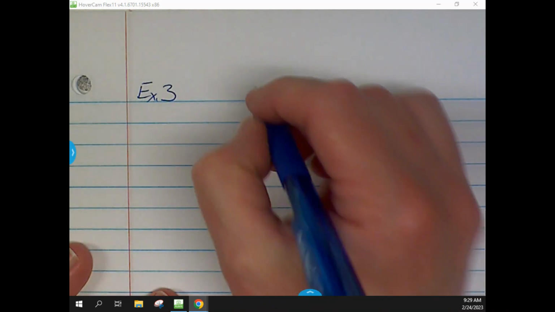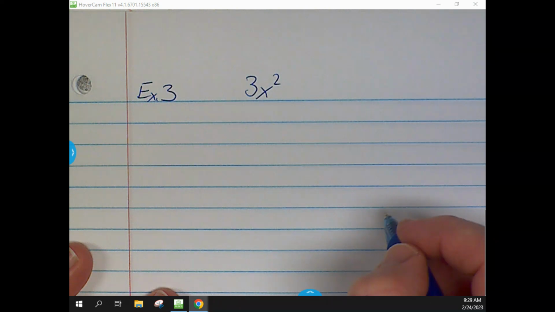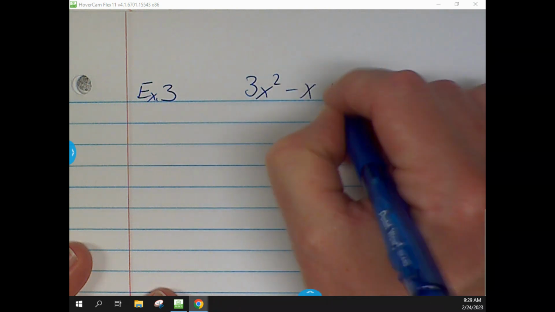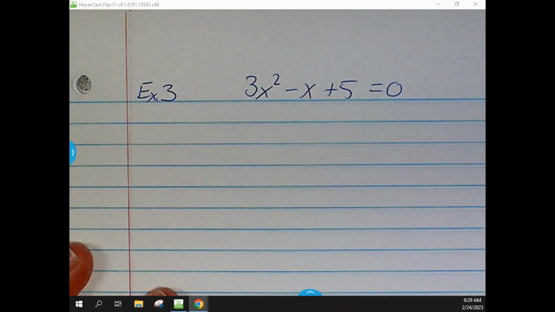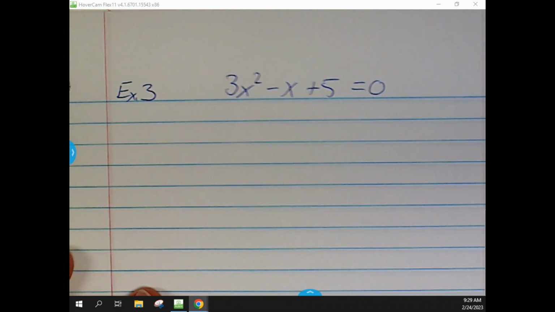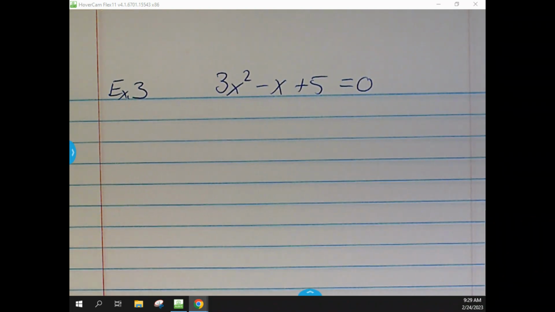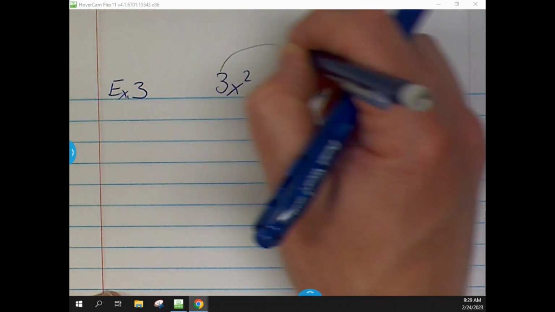All right, so let's go with 3x squared minus x plus 5 equals 0. Okay. Now, if this were me, the very first thing I would do, even if it told me to do the quadratic formula, is check first.